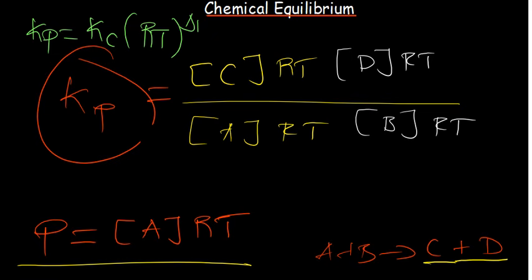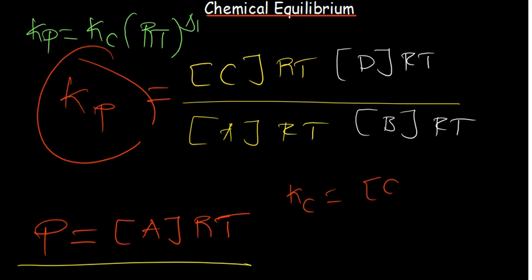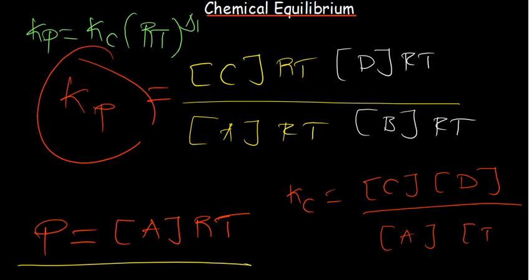Now, one thing that we can do is go to Kc. So from Kc, what we had noticed is something like this. From Kc we said concentration of C, concentration of D, and then concentration of A, concentration of B, and then these are raised to their stoichiometric powers, c, d, and then a, b.